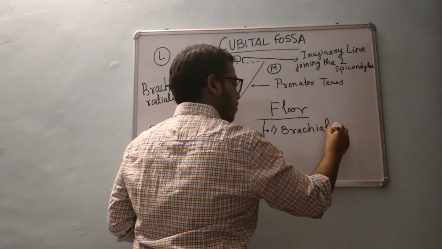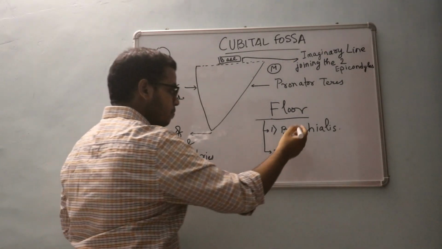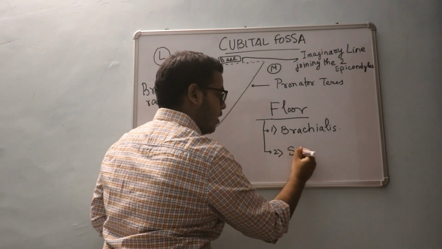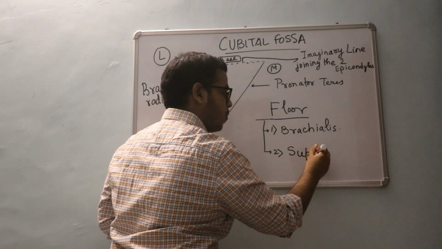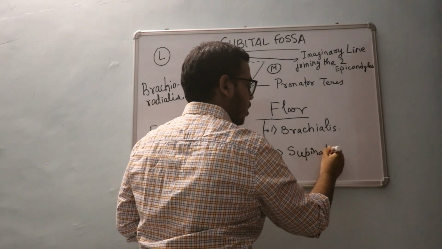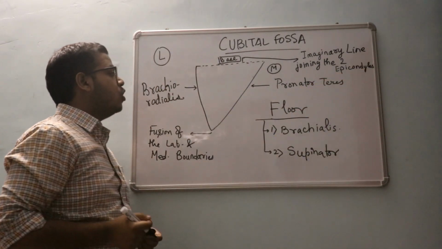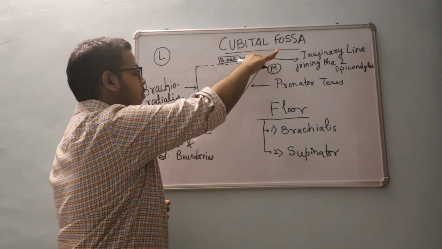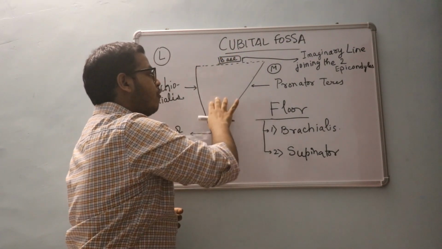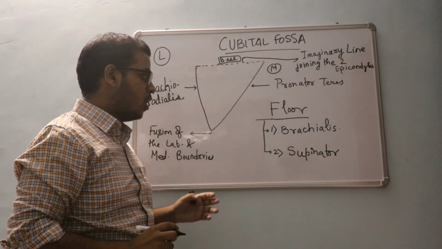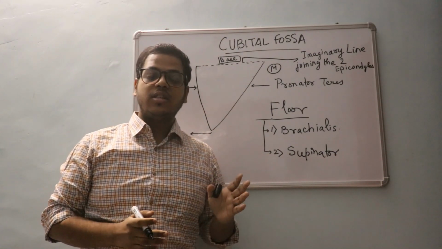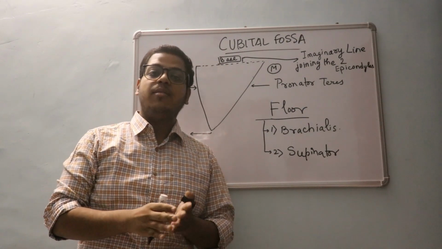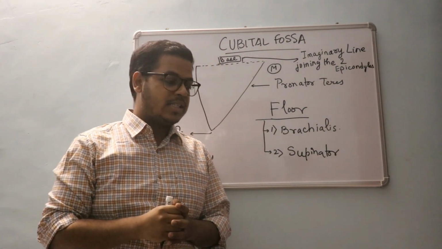The other one is the supinator muscle. So we have described the lateral boundary, medial boundary, base, apex, and the floor of this fossa. Now we need to see the roof and its contents.